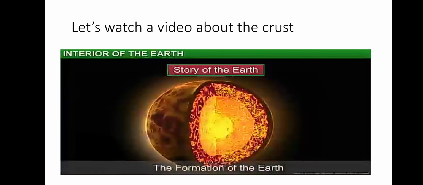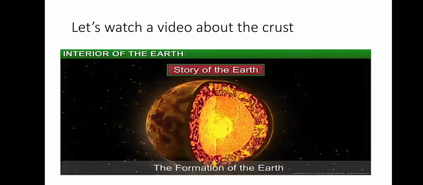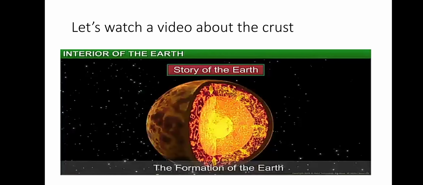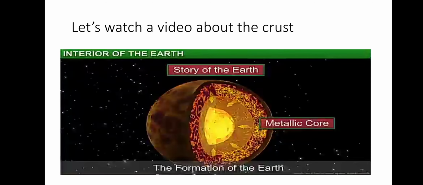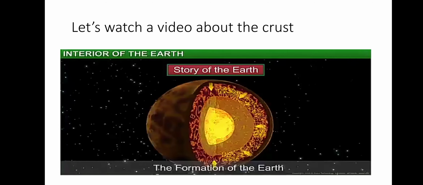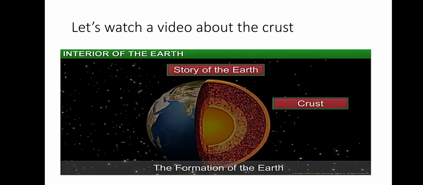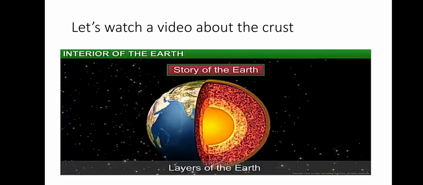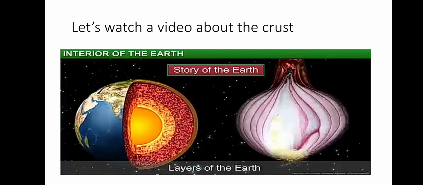As the liquid slowly cooled down, the denser materials solidified and sank to the center of the earth, where they formed a metallic core. At the same time, the lighter, less dense elements were pushed out toward the surface, where they formed the earth's crust. This led to the formation of the earth with several different layers of material, very much like an onion.